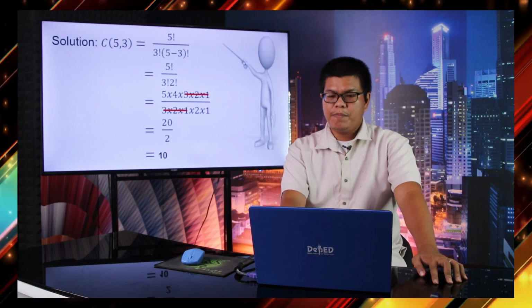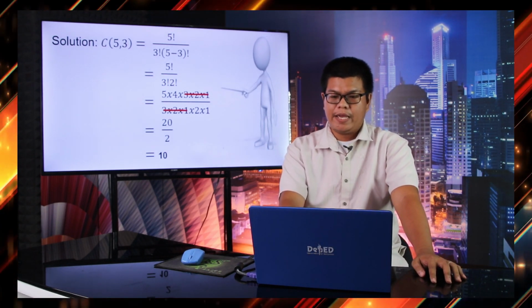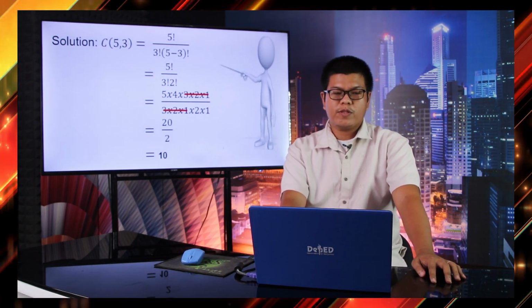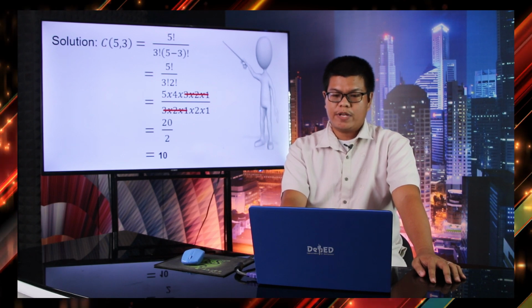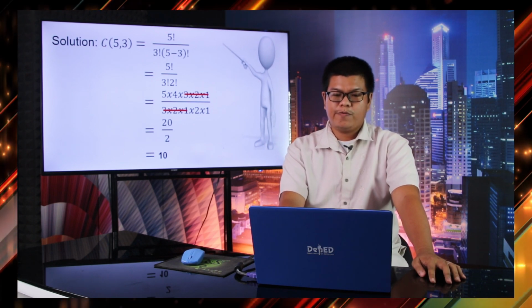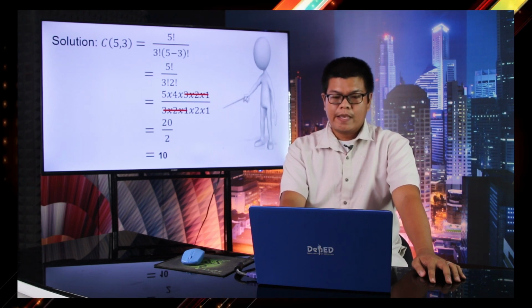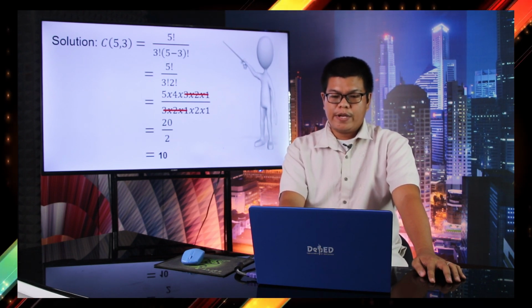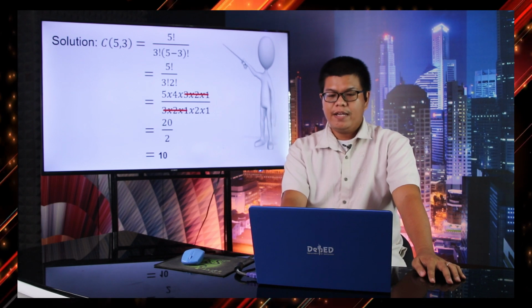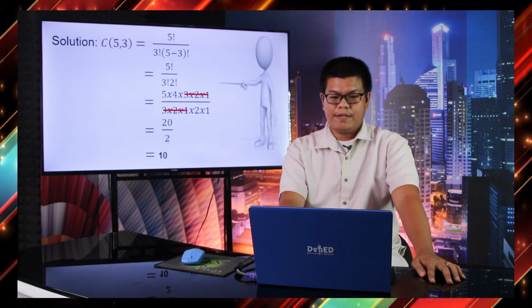So we have the combination of 5 taken 3 is equal to 5 factorial over 3 factorial times the quantity of 5 minus 3 factorial, equals 5 factorial over 3 factorial times 2 factorial.